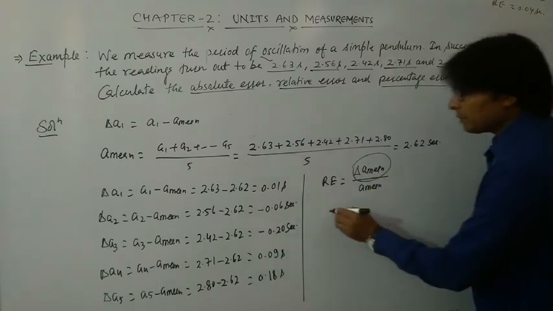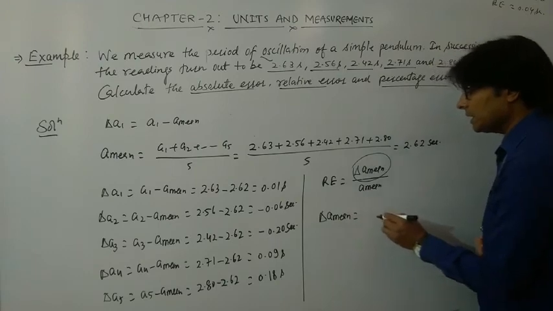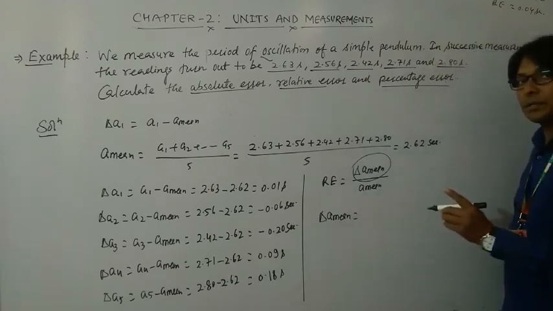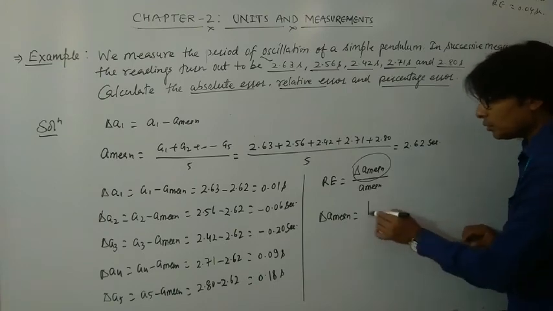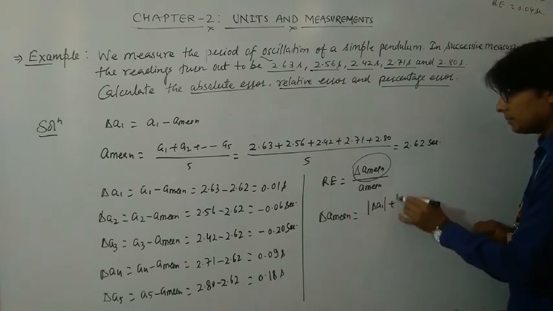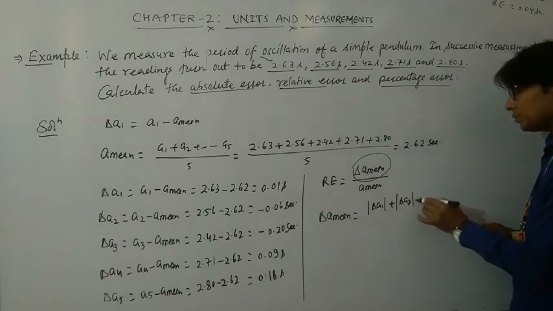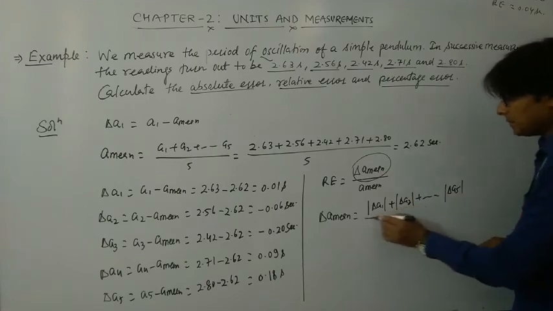Mean absolute error can be calculated as the average of the modulus of all the absolute errors: mod of delta A1 plus mod of delta A2 and so on up to mod of delta A5, divided by 5.